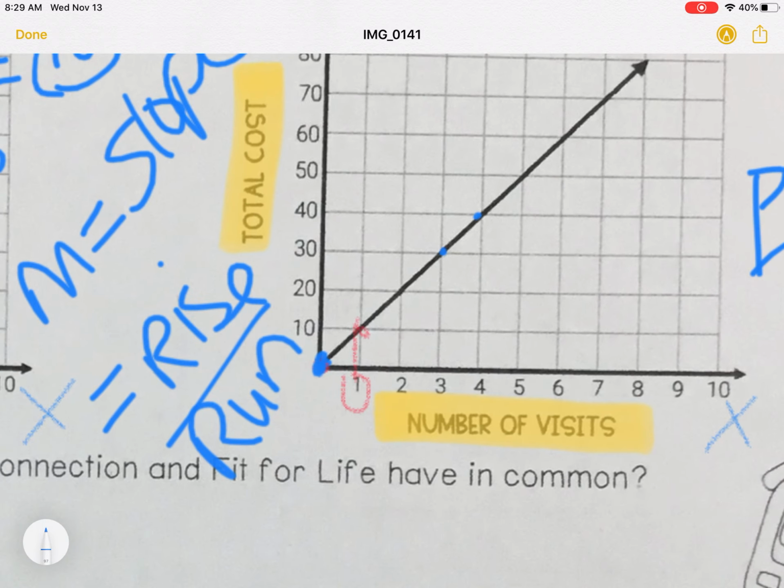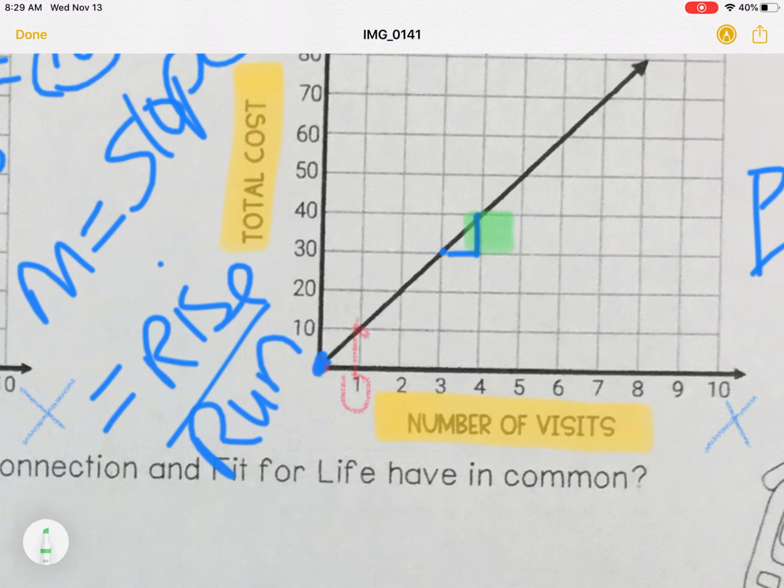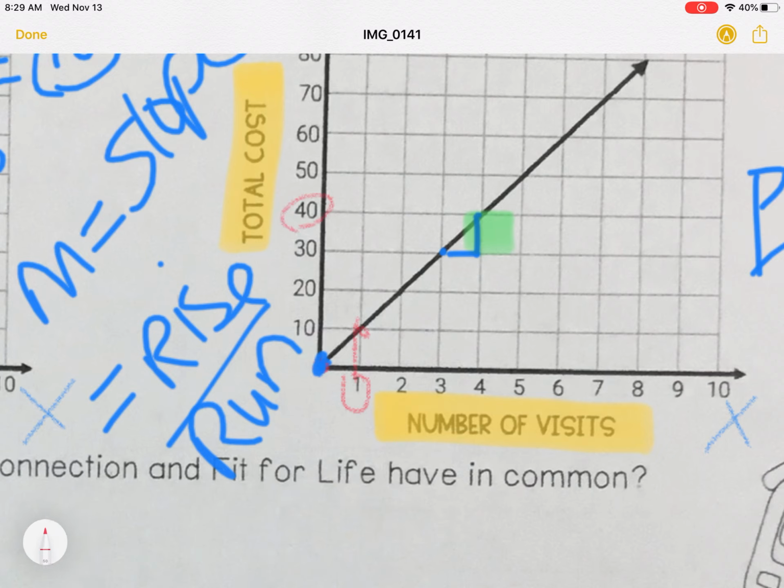I'm going to plot my point here. I'm going to draw my right angle. I'm now going to see what my rise is. Well, my rise starts at 40, ends at 30. What's 40 minus 30? That would be 10. So my rise is going to be 10.